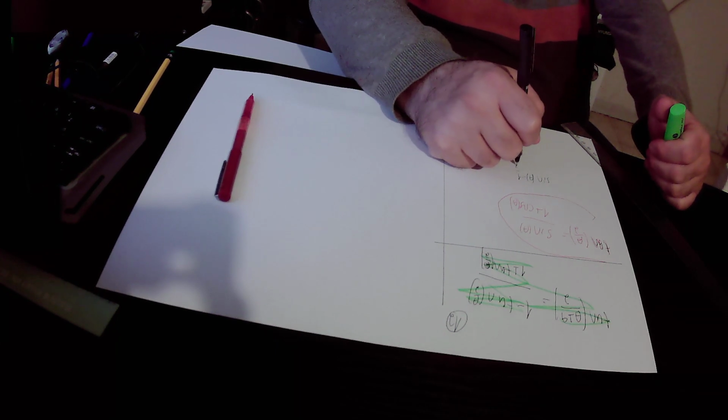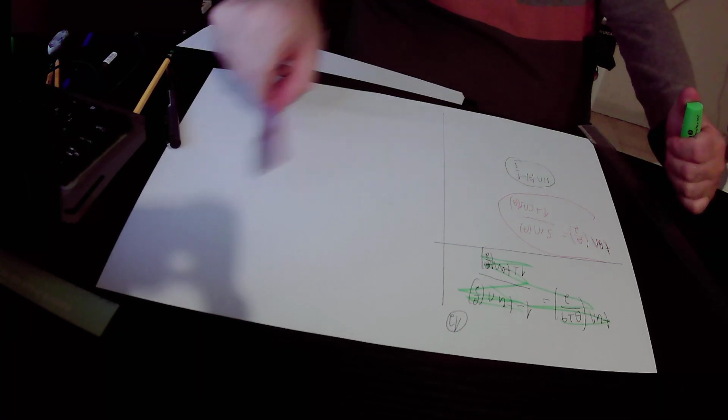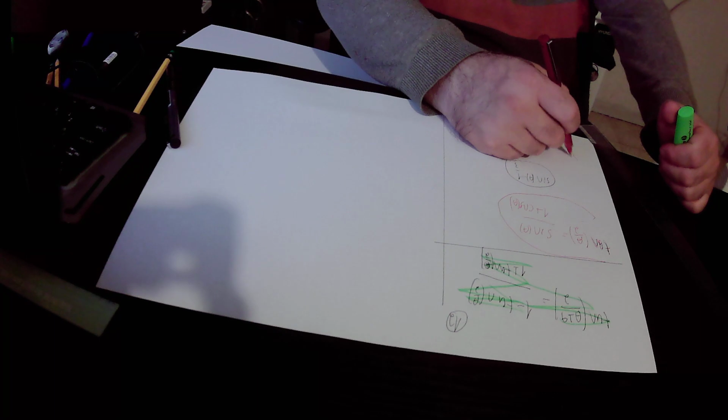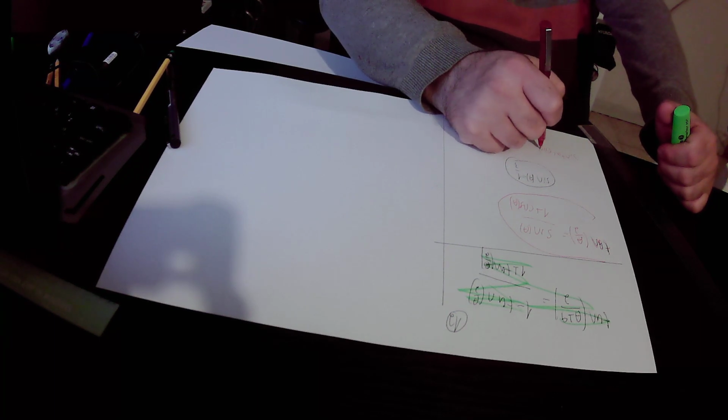And we have the trigonometric identity that states that sine square theta plus cosine square theta equals 1.